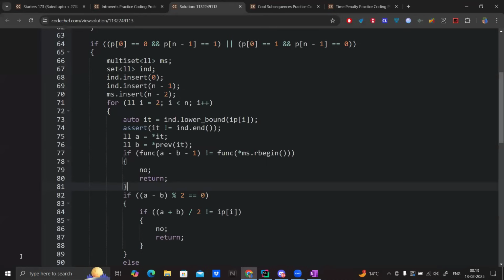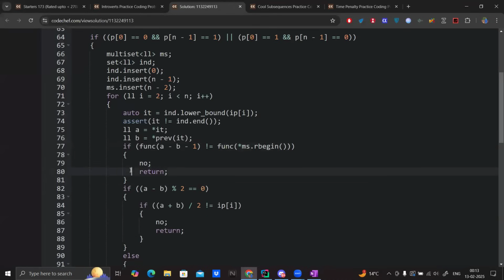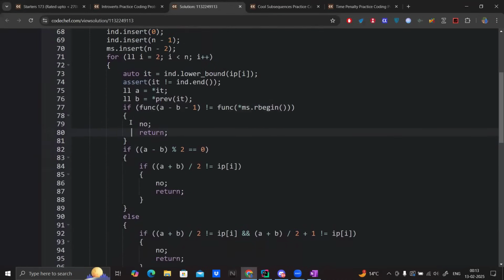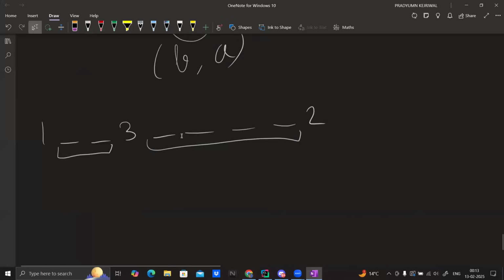So let's say for example, if we have something like this, now let's say 4 came and 4 chose this segment, then that is wrong because this segment definitely has more distance, right? So that's why I just print no here. Now if I don't return from here, then that means the person has selected a correct segment.